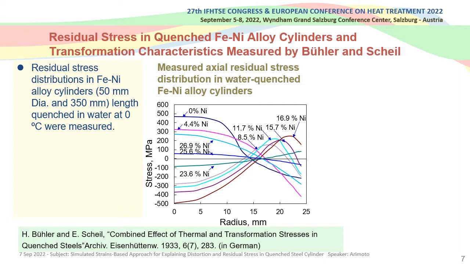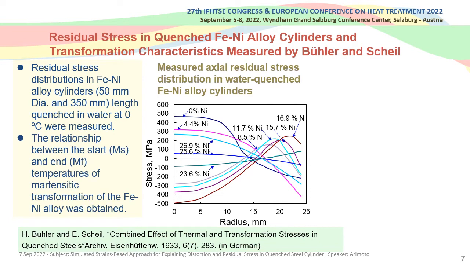They quenched cylinders of 50 mm diameter with different nickel content in water at 0 degrees Celsius and measured their residual stress distribution. The figure shows only the axial component extracted from the original figure.